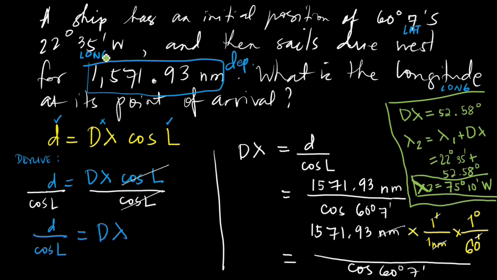Remember the first longitude is on the west. And then the ship sails due west. So of course, the second point has a longitude that is also on the west. So that's it for the parallel sailing.